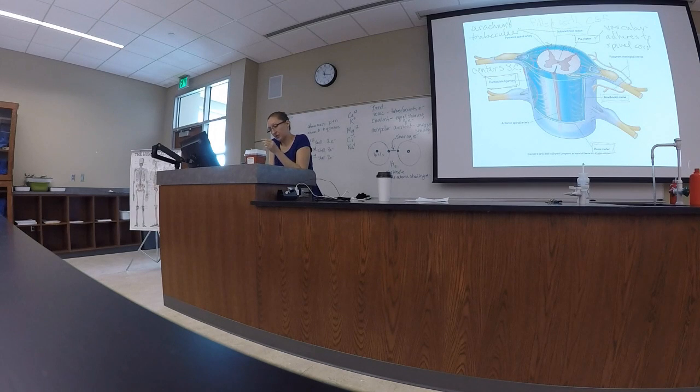So those are the meninges protecting the spinal cord. What did you say the arachnoid trabeculae connects? They're little filaments connecting the pia mater to the arachnoid mater, crossing that subarachnoid space.